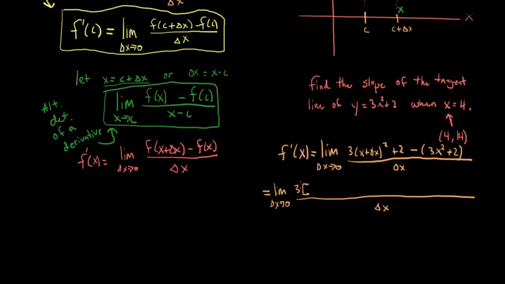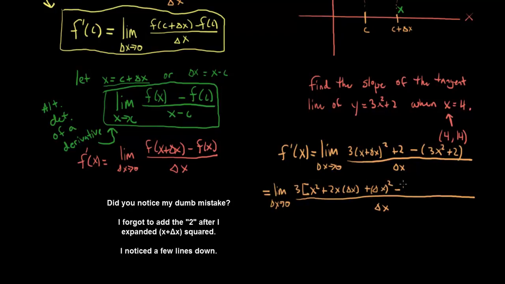Remember, you have to FOIL that. Here's where the algebra comes in. You have (x plus delta x) squared. That's going to give us x squared plus 2x times delta x plus delta x squared. Here, let me fix that a little bit. Close the bracket right there.